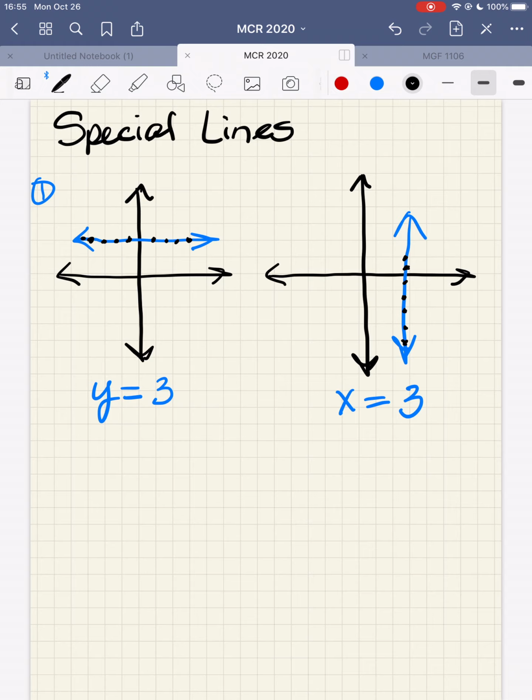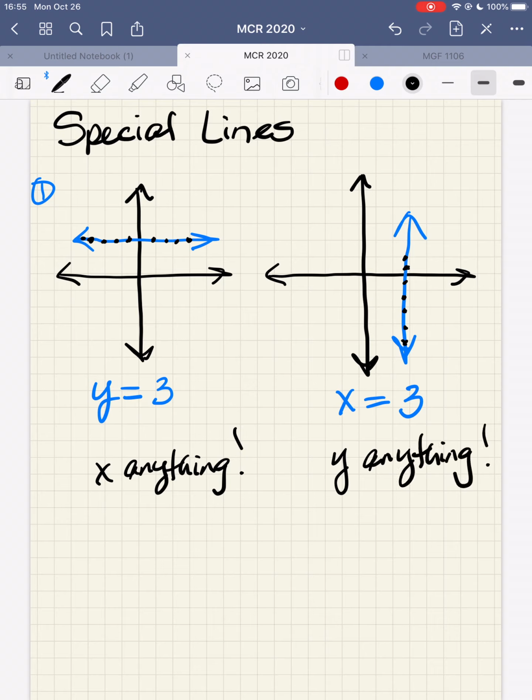In the case of y is equal to 3, x can be anything, because it's not even in our equation. So it doesn't matter what x is as long as y is equal to 3. The other equation will have x is equal to 3, there's no y. So y can be anything, as long as x is equal to positive 3, we're good to go.